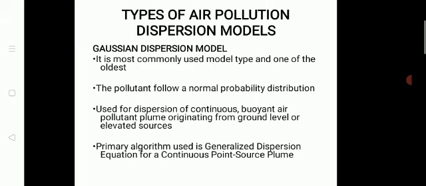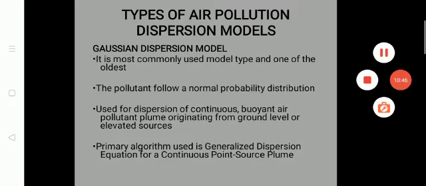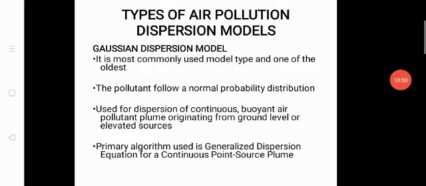Then types of air pollution dispersion models. The first and most important one is the Gaussian dispersion model. It is the most commonly used model type and one of the oldest. The pollutants follow a normal probability distribution.